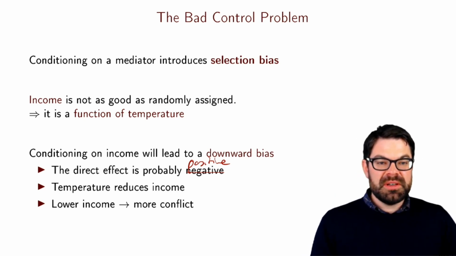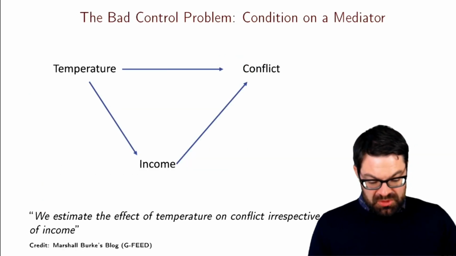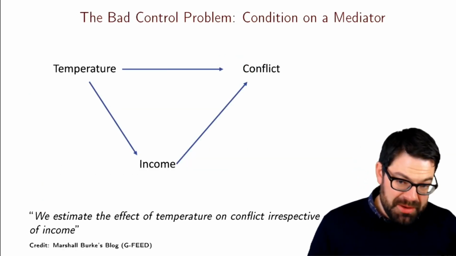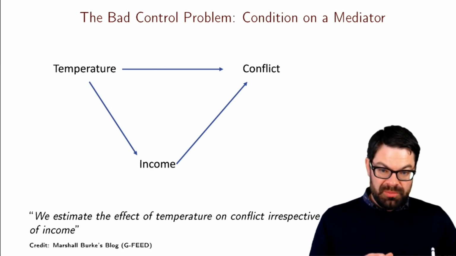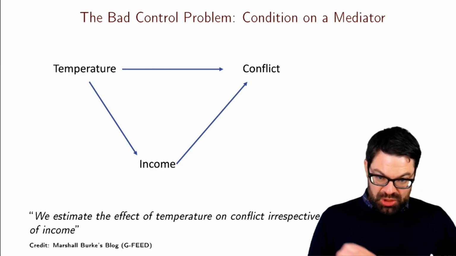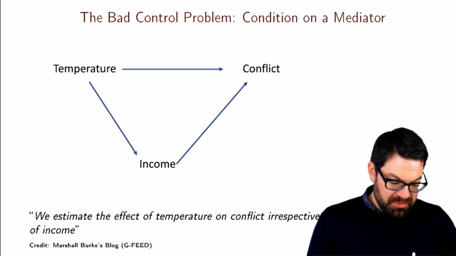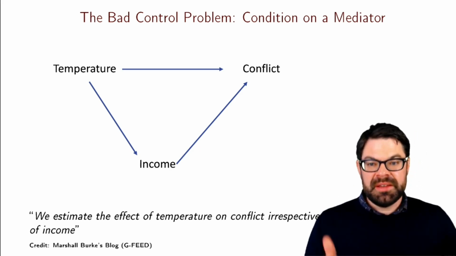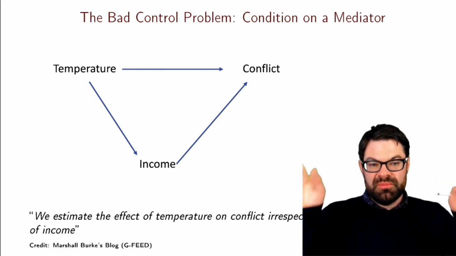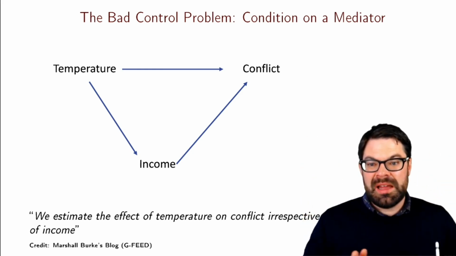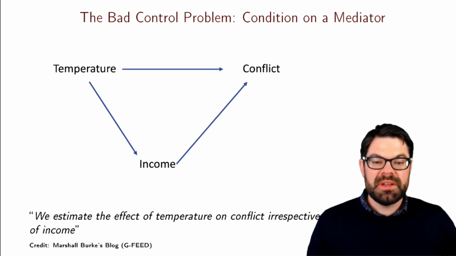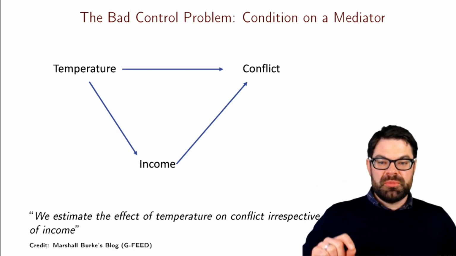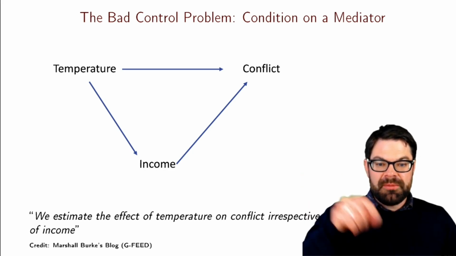The problem here is that, as we've seen in this DAG, income is a function of temperature. So it's not randomly assigned to countries, but it's determined among other things by temperature. And we just assume here in this DAG that other things just don't matter, just for the moment. And so here, countries presumably with a higher temperature have a lower income.